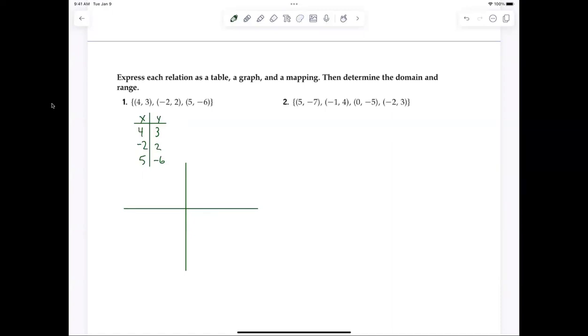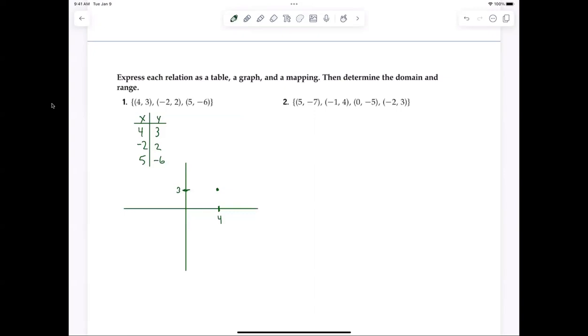If you plot 4, 3, does everybody remember you go over what? To the right 4, and then you go up 3. Now, this is all basic information, so there's nothing to be confused about. Does everybody agree we go over 4 and up 3, right? Anybody have a question plotting a point?